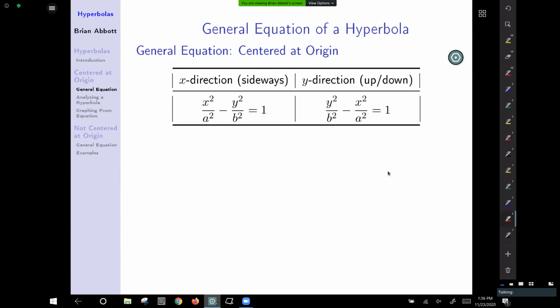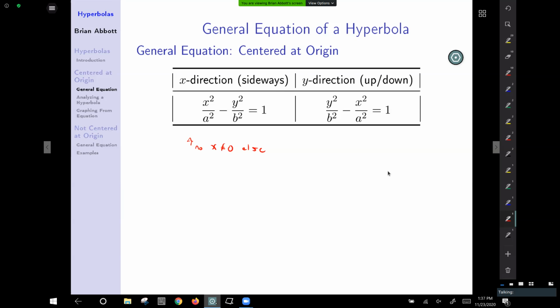All right, so let's take a look at the general formula or equation for a hyperbola. And here we have it centered at the origin. And so you have x direction, which is called a sideways hyperbola, if you will. What can't be here? Well, if x was 0, so notice, x is not allowed to be 0.